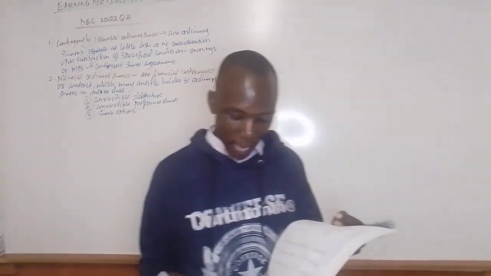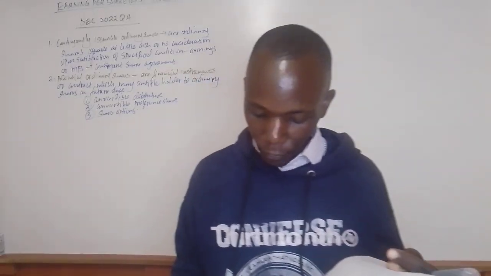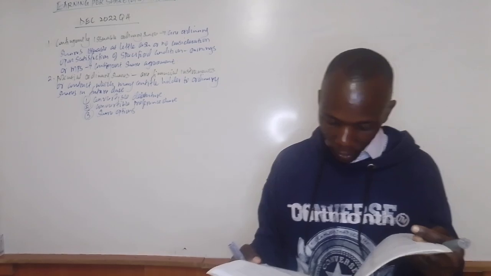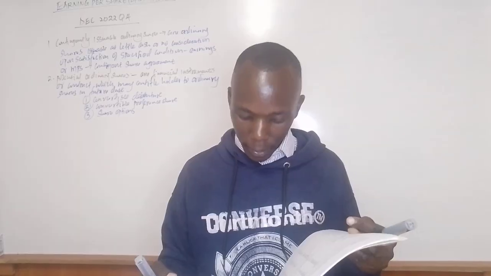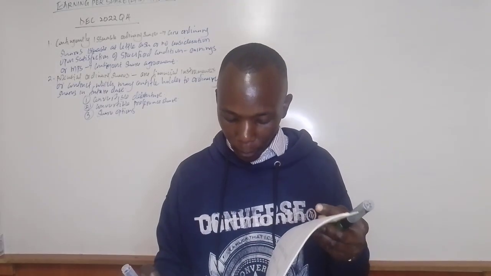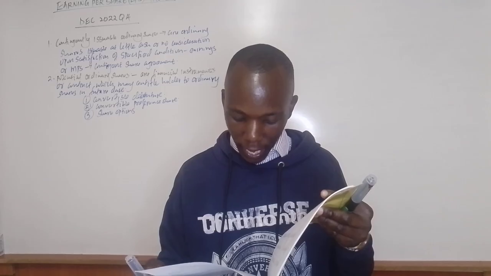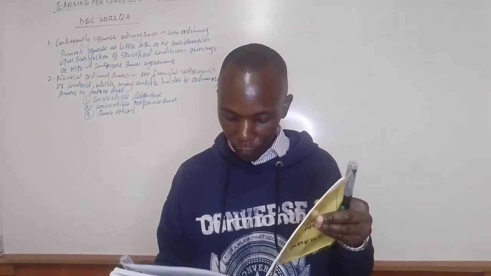Then number B, this is what you are told. You are told that D Limited's equity balance as at 1st October 2020 comprised the following. You are given the ordinary share capital, shillings 10 par value, then we have 10% irredeemable preference share capital, share premium, revaluation reserve, retained earnings, shareholders' funds.